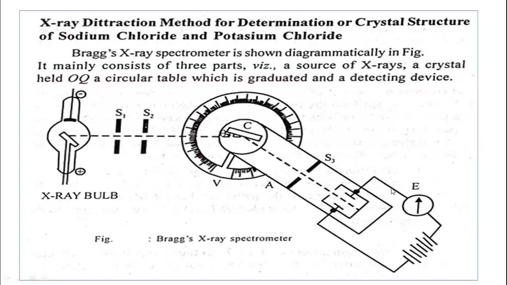So the X-ray spectrometer consists of three parts: the X-ray bulb which produces the X-rays, a circular table on which the crystal is placed, and the ionization chamber or detection device where we can detect the current.